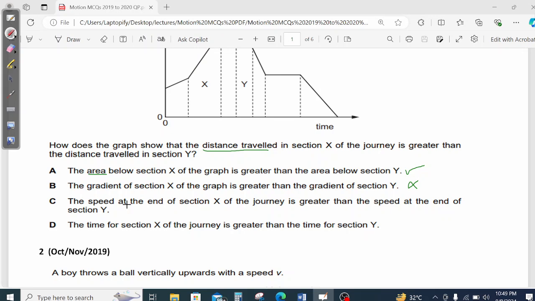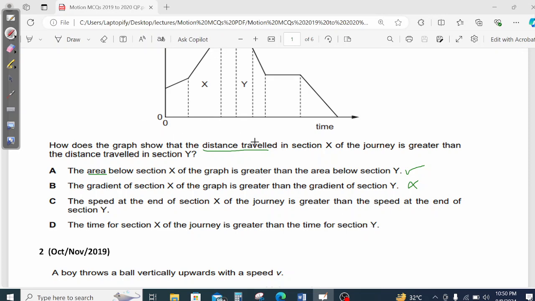The third option is the speed at the end of section X of the journey is greater than the speed. Now this is not related, because we are not moving towards the speed. We have to focus only on distance. The fourth one is the time for section X of the journey is greater than the time.